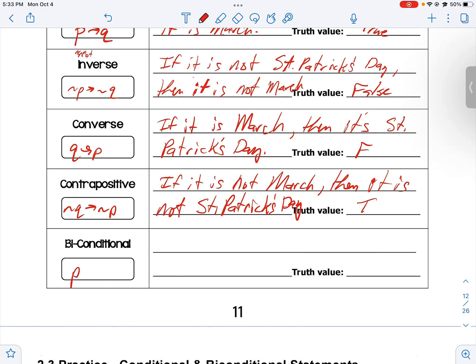Now let's look at the biconditional. Biconditional is P and then Q. Notice the arrow has heads on both ends. That means it goes forwards and it goes backwards, just like an equal sign. So it is St. Patrick's Day if and only if it is March.